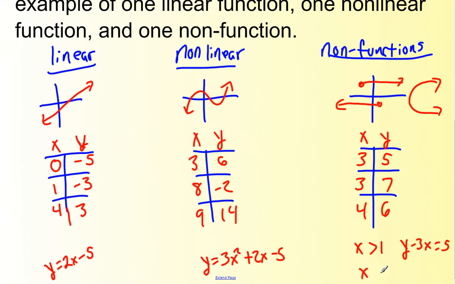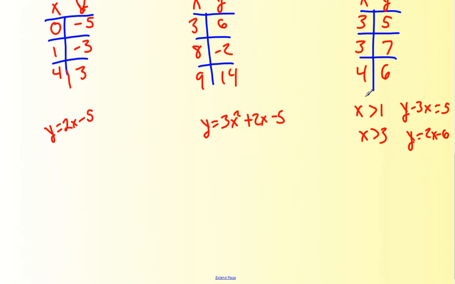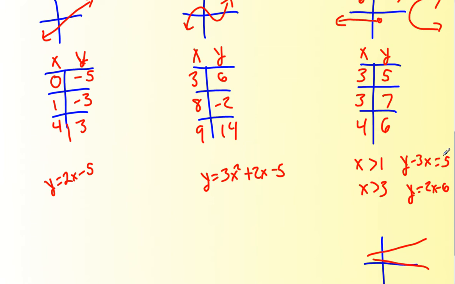And then when the x value is greater than 3, you can use a function like y equals 2x minus 6, and when you graph both of these functions on the same graph space, you'd get overlapping lines. I'm not actually graphing them, but you'd get overlapping lines like this, and that would not pass a vertical line test. But equations of non-functions, we don't really talk about much.